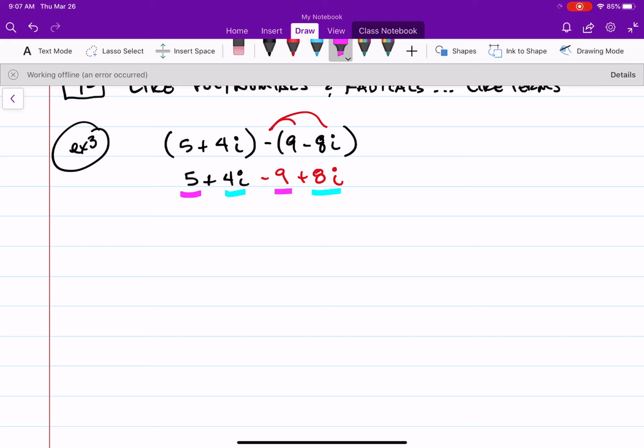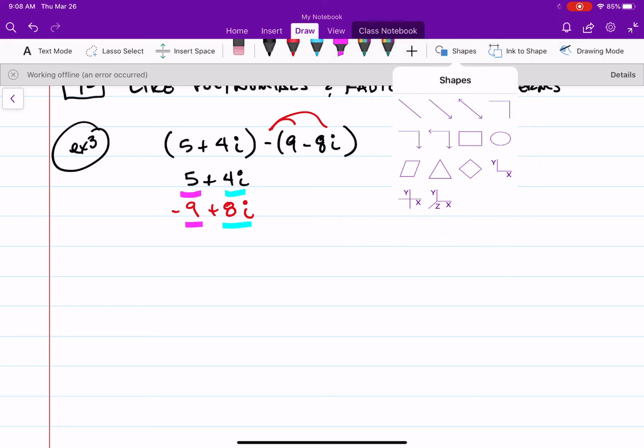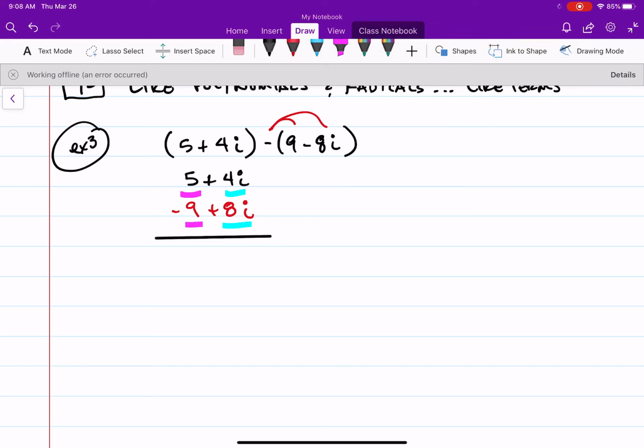So something to think about with these types of problems is to stack them. If I stack them, it'll look something like this. Then I can just add straight up and down. So what we have is negative 4 plus 12i.